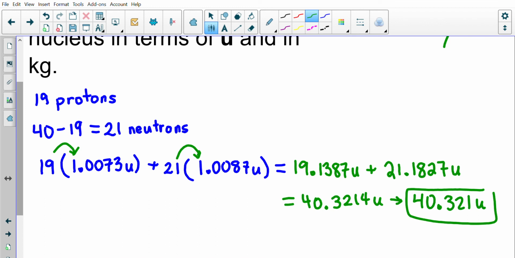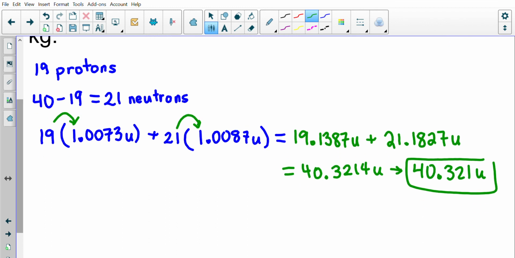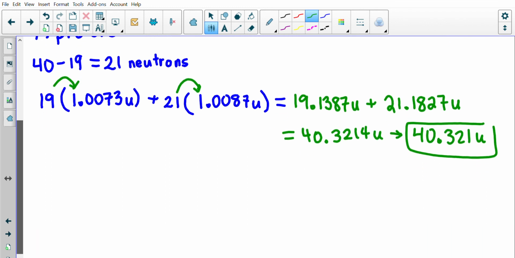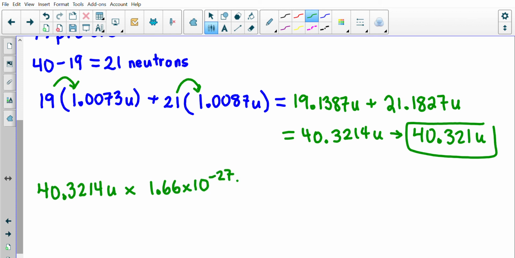Now, the question also asked me to find the mass in terms of kilograms, so that's what I'm going to do now. I'll take my unrounded number, 40.3214 U, and multiply it by 1.66 times 10 to the negative 27, because that's how many kilograms there are in every U. And so you can see the U's cancel out.